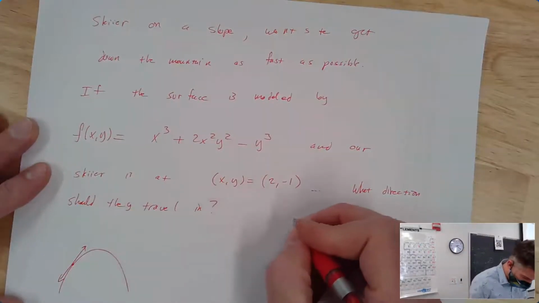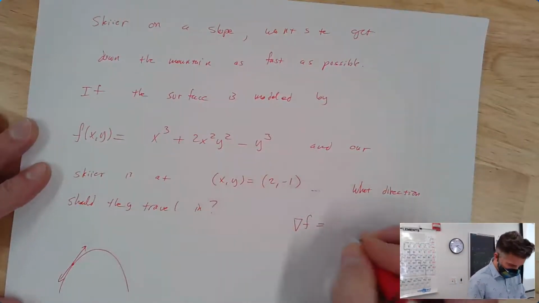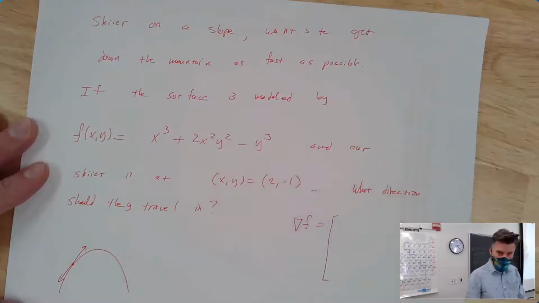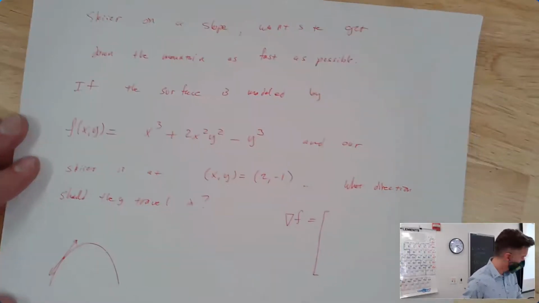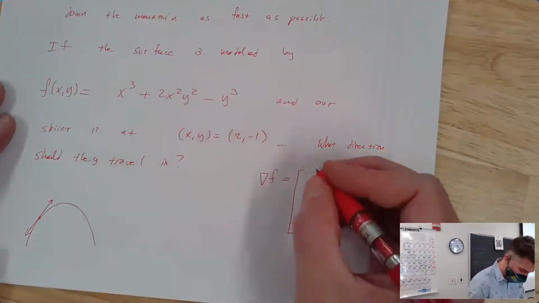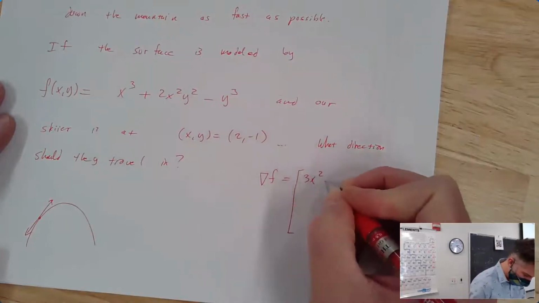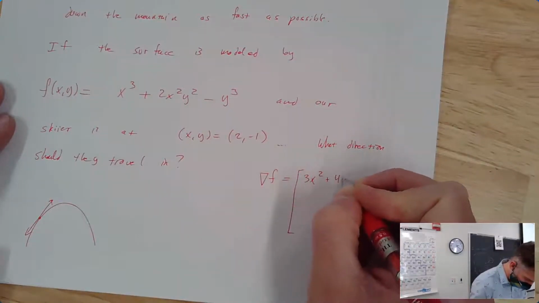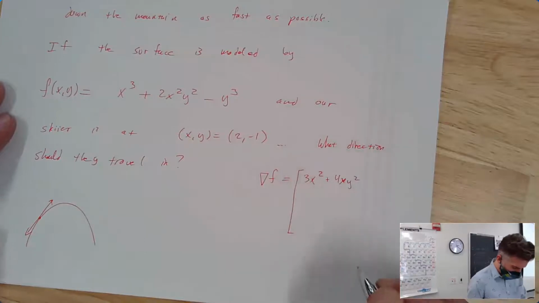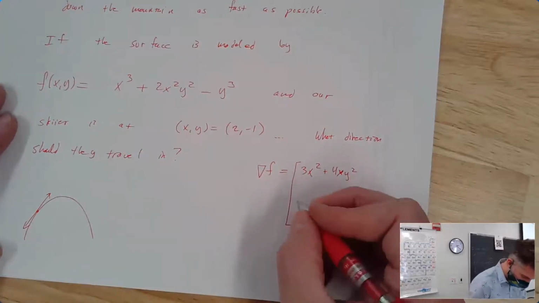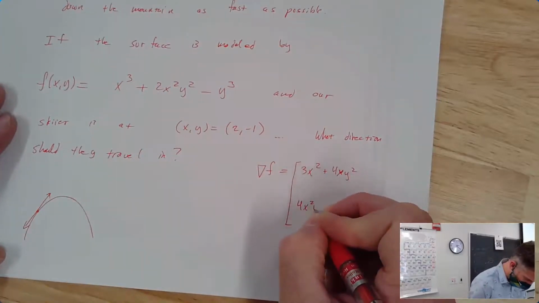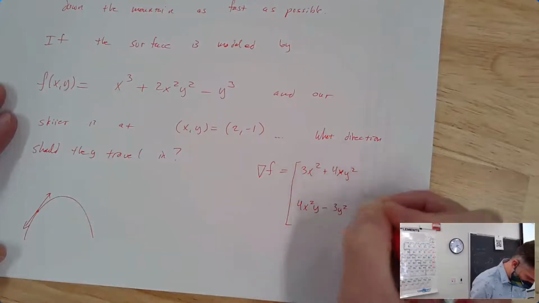So my gradient is not lovely. The partial derivative with respect to x is going to be 3x squared plus 4xy squared. And the partial with respect to y is going to be 4x squared y minus 3y squared.